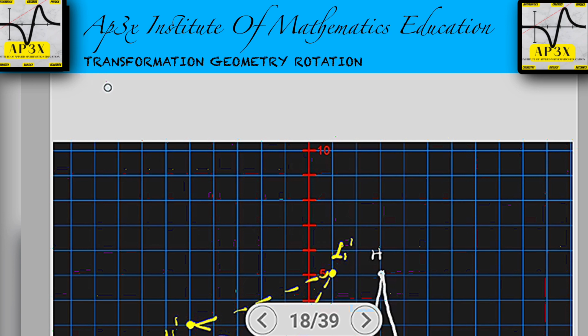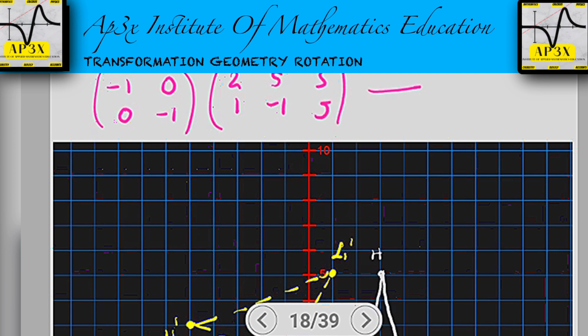Or if you write it in matrix form, the matrix is negative 1, 0, 0, negative 1. You multiply it by the points 2, 1, 5, negative 1, 3, 5, and that will produce the result we have up here: negative 2, negative 1, negative 5, 1, negative 3, negative 5.